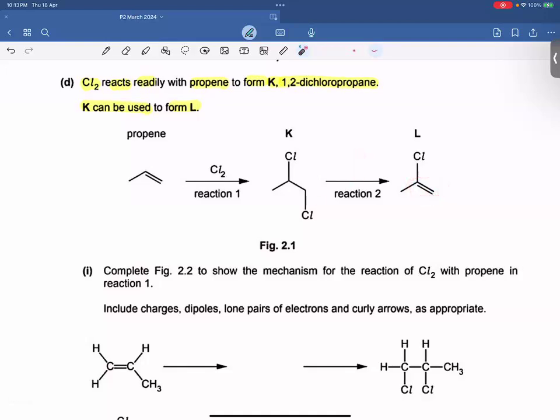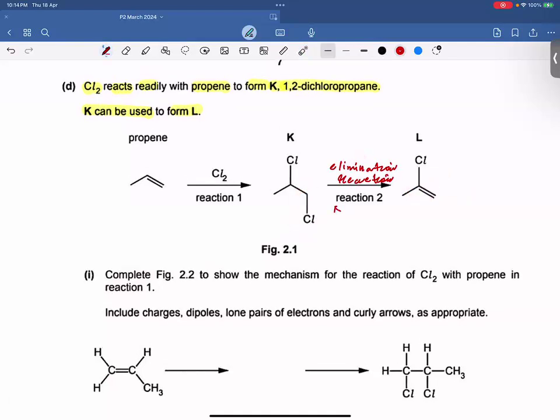So this functional group is an alkyl halide, and an alkyl halide gives you an alkene through elimination reaction. If you remember, whenever any alkyl halide undergoes elimination reaction, you will get an alkene, right? And the reagent required for elimination reaction would be sodium hydroxide in ethanol under heat or reflux.